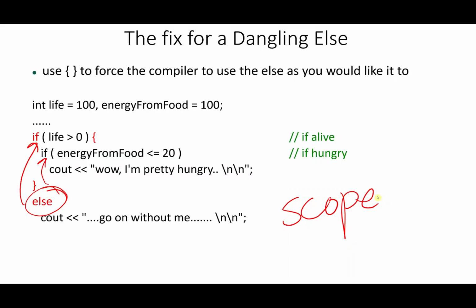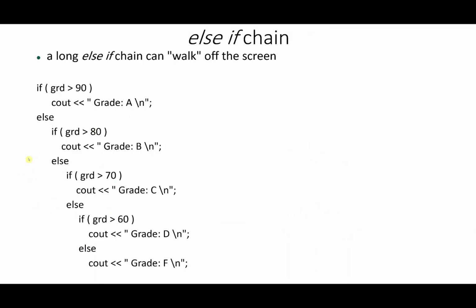If you're outside a block, you cannot see what's inside that block. So this else actually doesn't see the inner if.